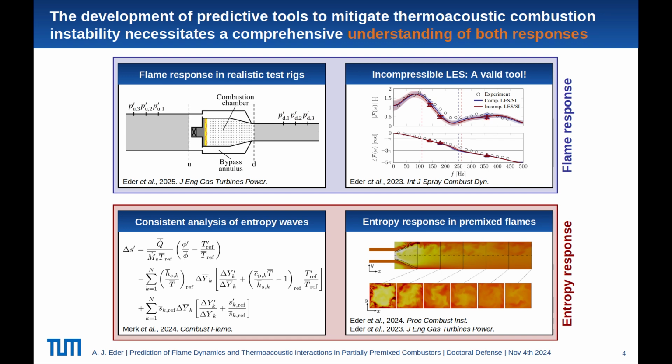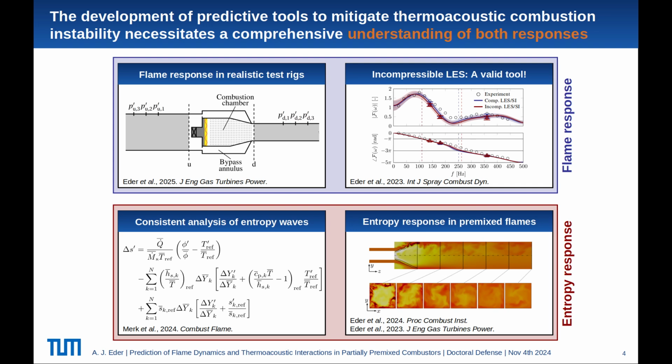So on the top left, we demonstrated the limitations of the state-of-the-art experimental post-processing approach for determining flame response when applied to realistic test rigs and developed a novel method that circumvents these issues.